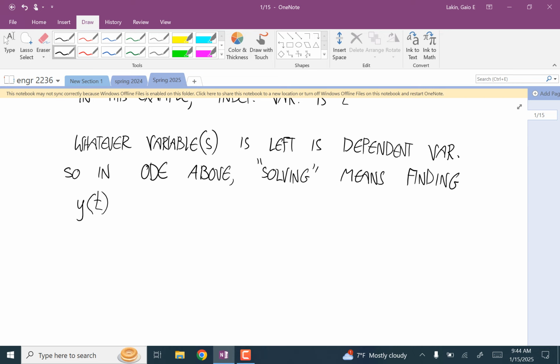You're finding what that function is. That's what solving that differential equation means. If you have more than one dependent variable, like in dynamics, you might have differential equations with x of t, y of t, and z of t, and you'd want to find those three functions. But since it's an ordinary differential equation, there's only the one independent variable, time.